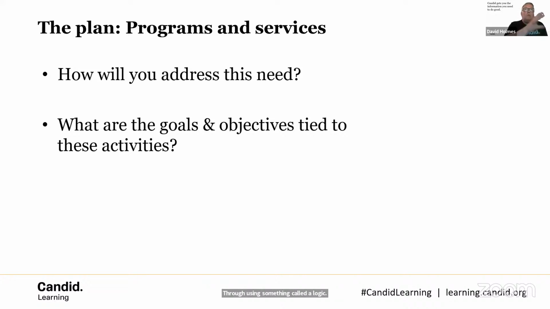I mean, if I do these programs, these changes will happen in the community. That's really the most important thing to think of when you're addressing the need: how are the programs that you are going to do make a change? What are your goals for these programs? What are your objectives, the specific measurable things you're going to try to achieve that are going to lead to these?